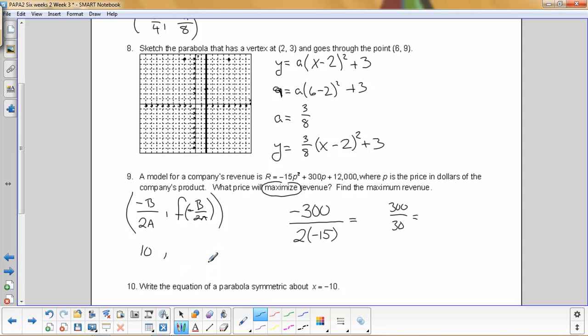I do need the y value because the second problem asks what that maximum revenue is. So we're going to go ahead and solve this back out. Plugging 10 back into your equation, you're going to do R equals negative 15 times 100, that's 10 squared, plus 300 times 10 plus 12,000. And your maximum revenue on this would be 13,500.